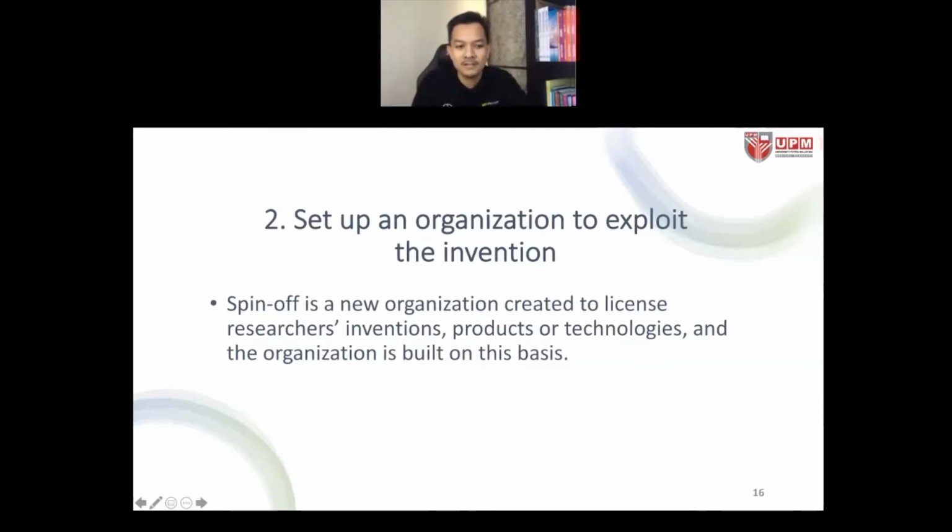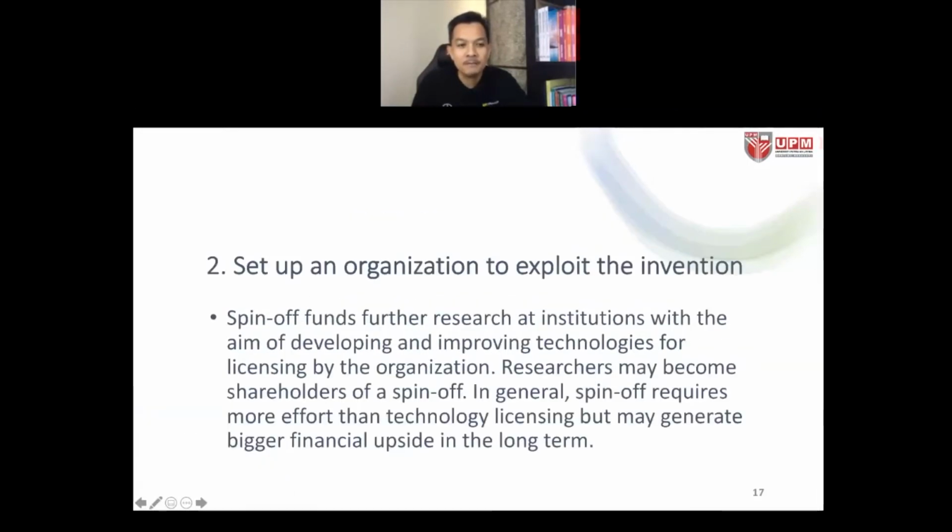on this basis, right? So a spin-off company funds further research at institutions. For example, the spin-off company is associated to the mother company, like MIG Edusis previously, it is associated to UPM, right?